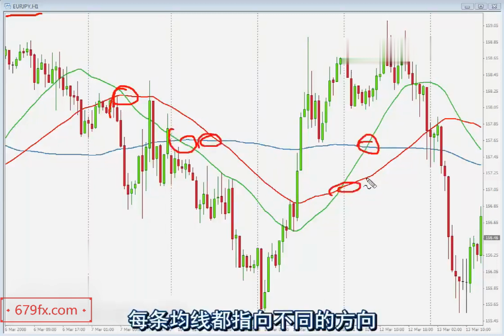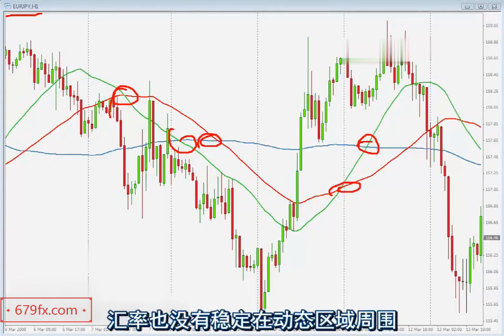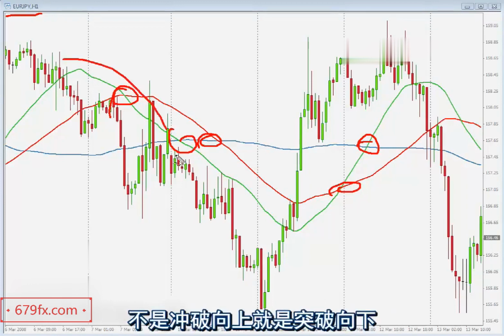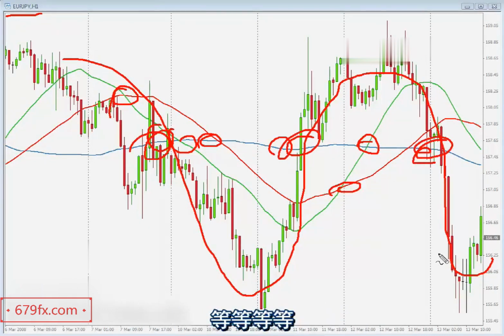Each of the moving averages is pointing in a different direction. They are certainly not in order. Price is not respecting the dynamic area of support and resistance at all. Price is in fact breaching above and below, breaking the 100 moving average a number of times throughout the chart, etc.